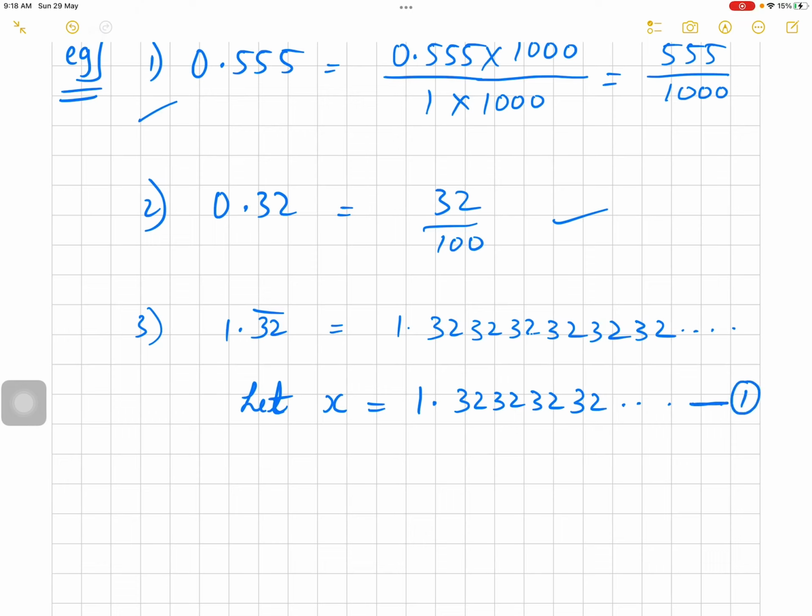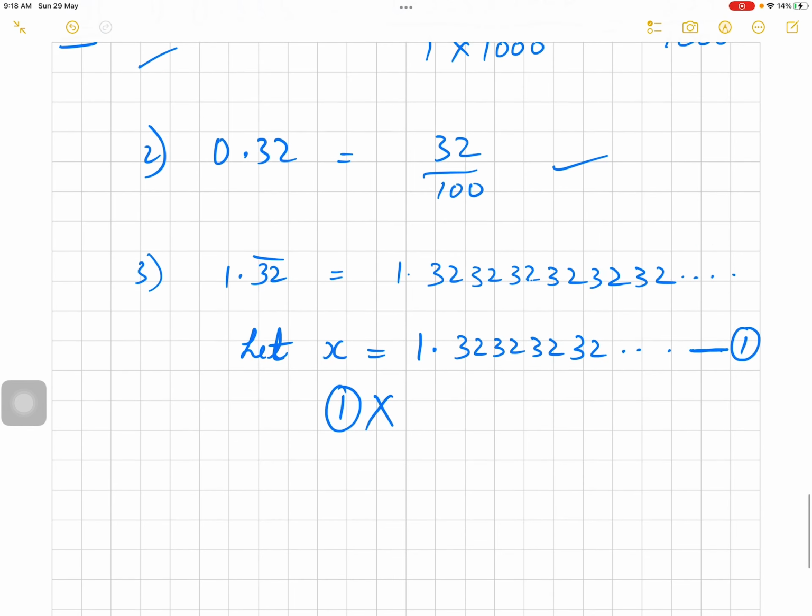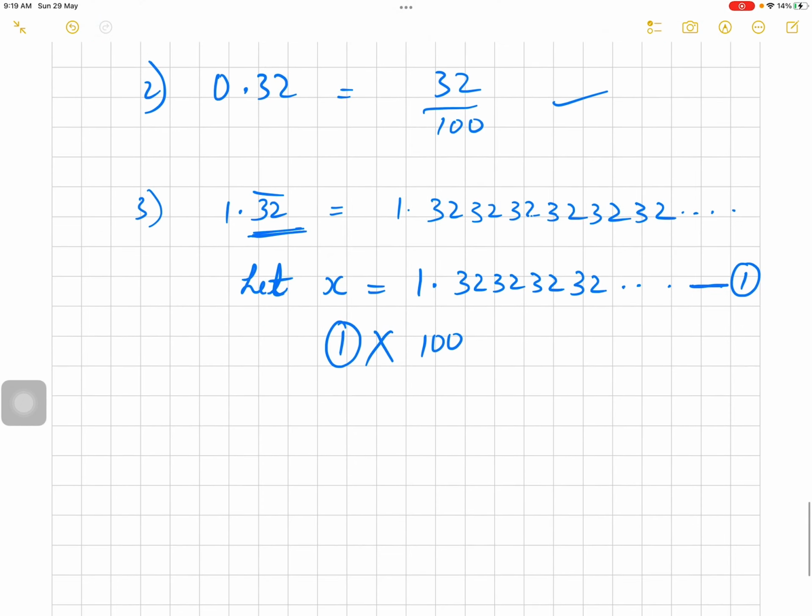So x is equal to 1.32323232 and so on. I'll multiply both sides by 100. The first equation, I named it number 1, right? So number 1 multiplied by 100, because there are two decimal numbers that are recurring. It is 1.32, two numbers after the decimal are recurring. So that's why I'm multiplying it by 100.